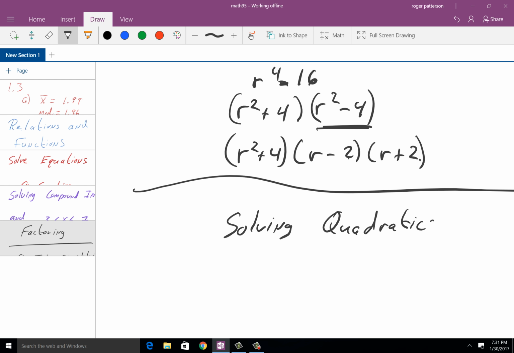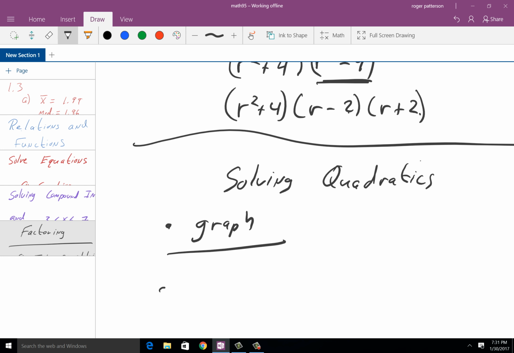And here's the ways you do this. One, you can graph them, which is what I want to take a look at. The other way is to use the zero product property, which is what it's called. And that's factoring.